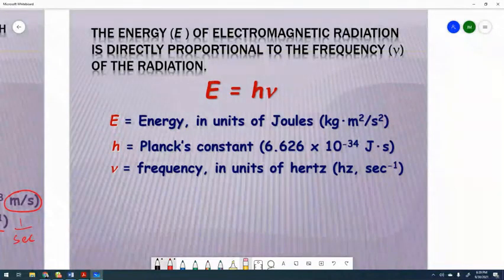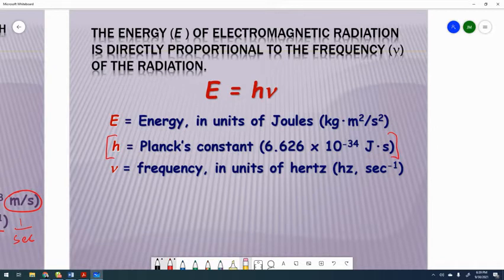So when we look at this equation here, energy equals, here's another constant. We will always use this as the constant, 6.626 times 10 to the negative 34th, and our unit here is joule seconds. And then our frequency is the same as it was before, in hertz. Our unit for energy here is joules.